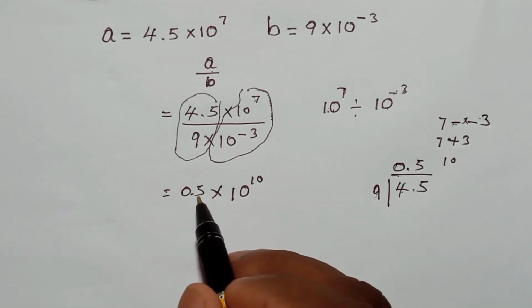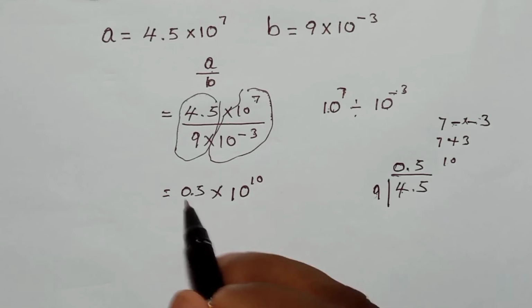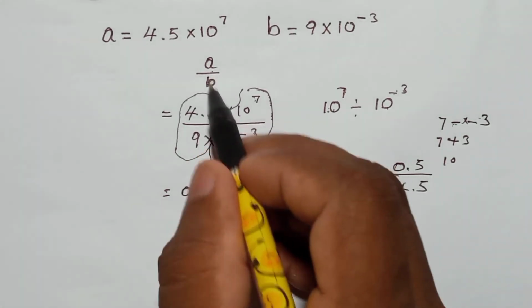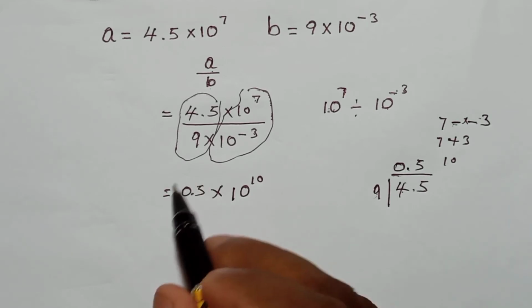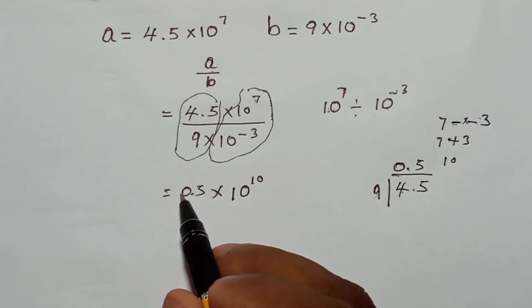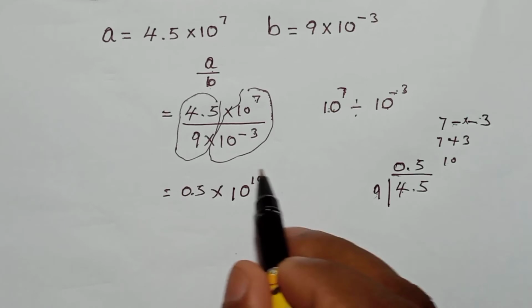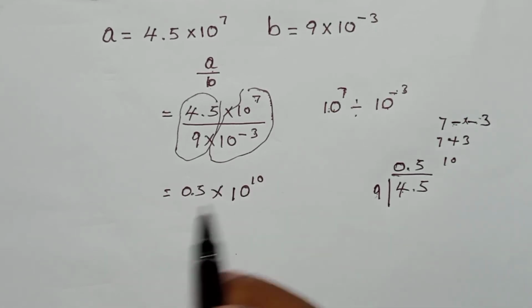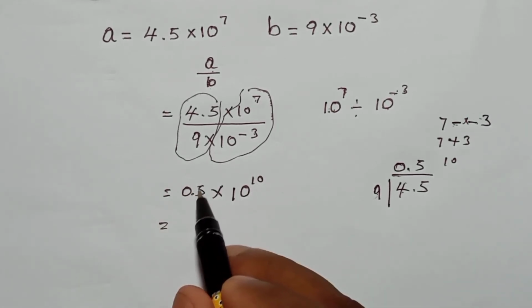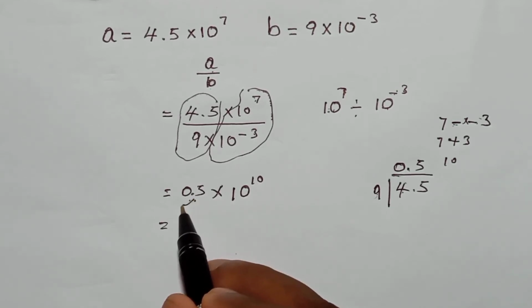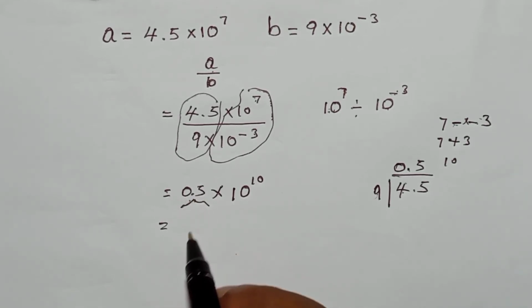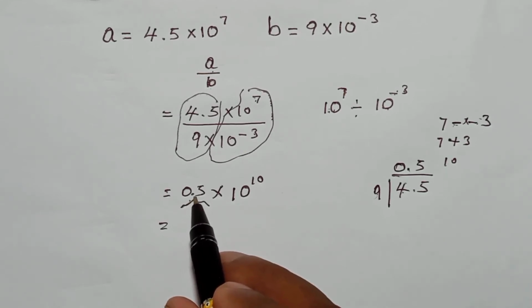Now this is still not in standard form, because they told us to give this answer in standard form. This 0.5 you need to convert again into standard form. The 10 to the power is already in index form, keep that aside.